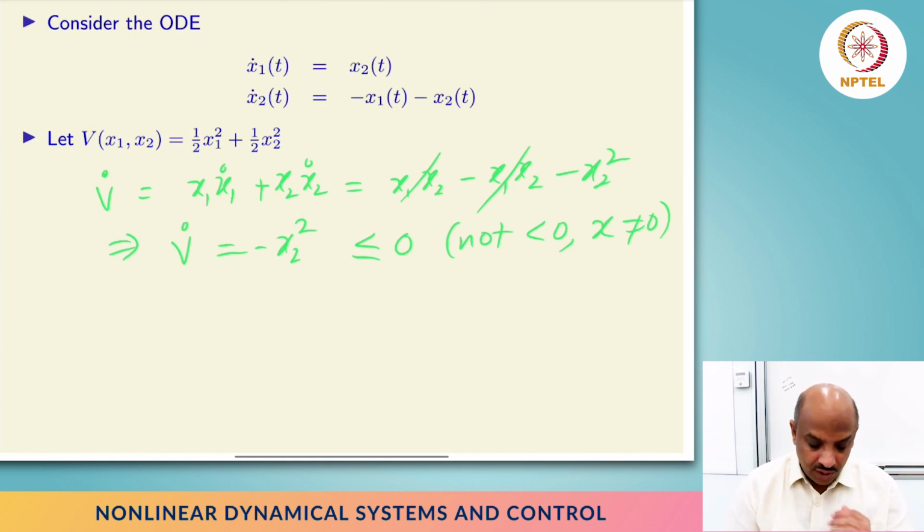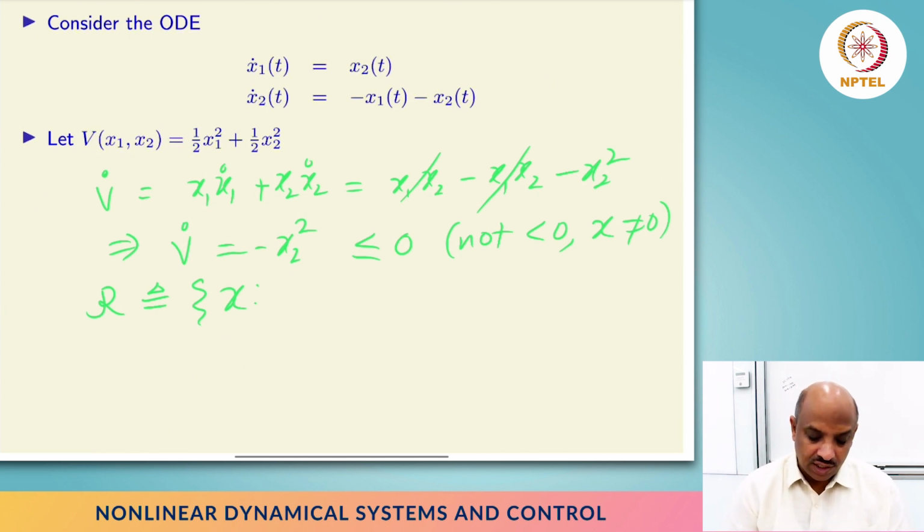So what can we say? Well, remember we have to construct this set. When we apply the Barbashin-Krasovskii theorem for this particular example, where do we get D sub C from?